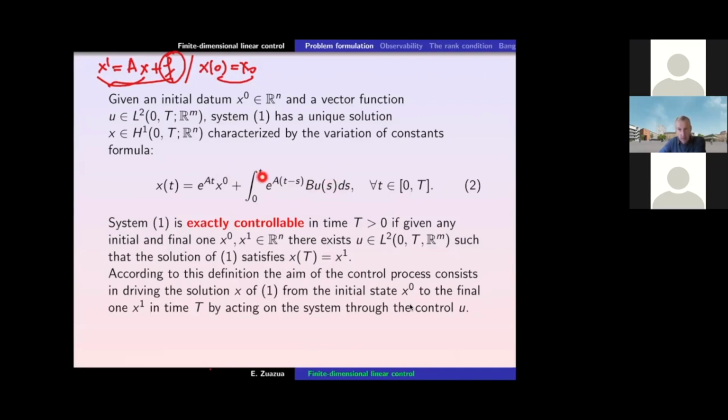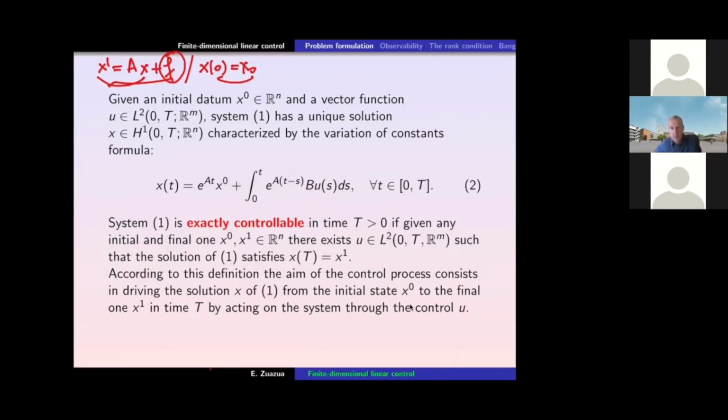Of course, the initial datum here is equal to 0. You take t equal to 0, the integral goes from 0 to 0, and this goes away. So this is the solution of the free dynamics plus the particular solution with the right-hand side BU with the initial datum equal to 0.